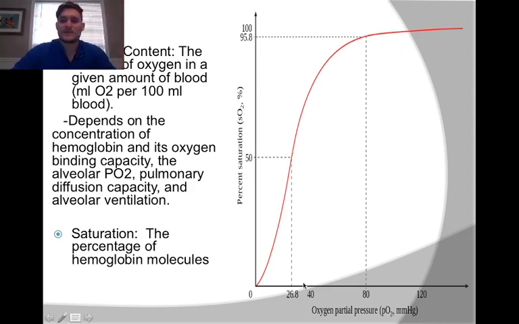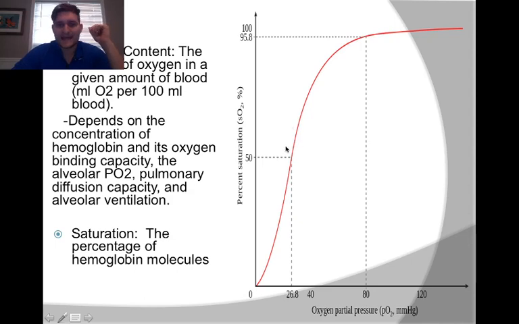But then if you look at somewhere in the body with low levels of oxygen, like the systemic tissues, think about the skeletal muscles that are using up oxygen and utilizing it, there's not a lot of oxygen in that area. So there's going to be a dump off, and that oxygen is going to go from a high concentration to a low concentration, right?